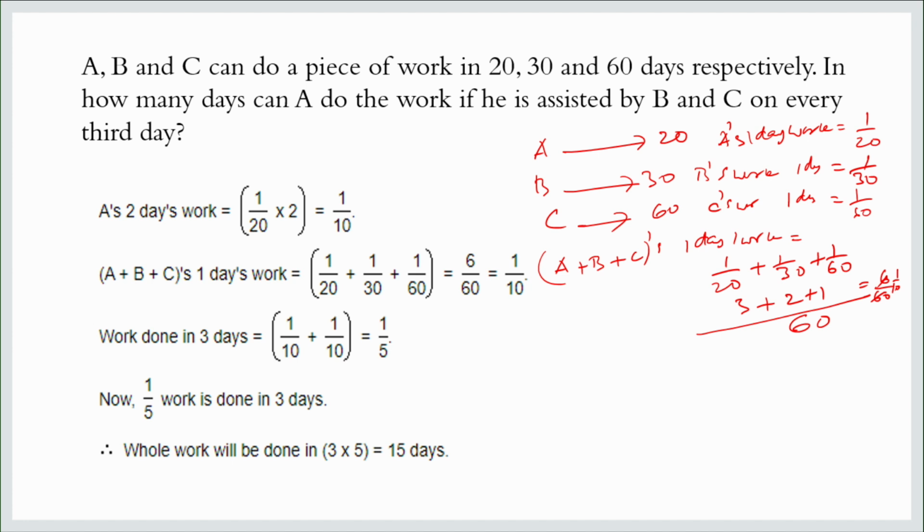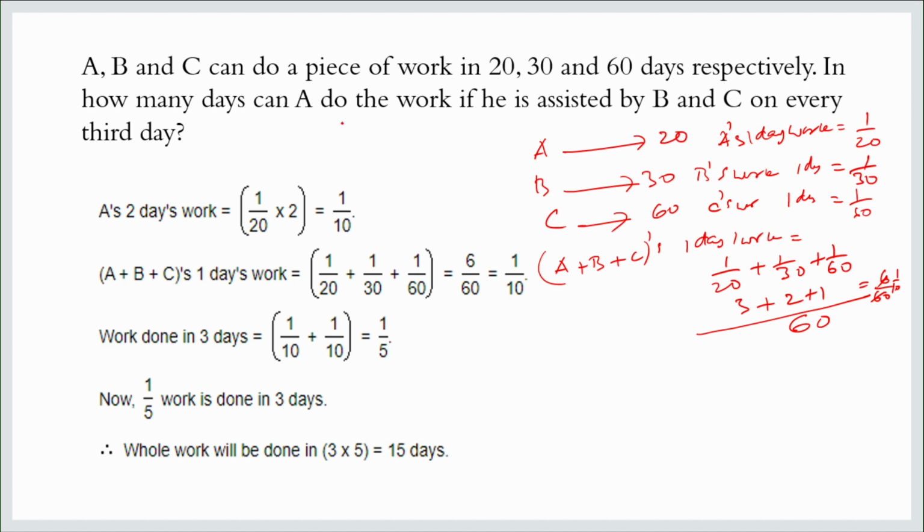Now, the work done in 3 days is 1 by 10. They will complete the work in 10 days. Which means here 1 day work is how much? A plus B plus C's 1.